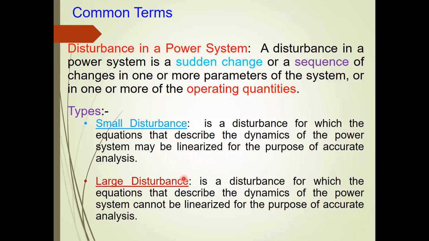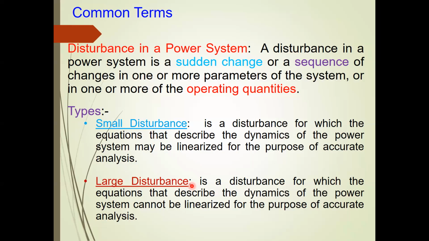But if you have a large disturbance, let's say your generation was 500 MVA and your load was 500 MVA, the initial steady state operating condition. But suddenly you have a load increase of 400 MVA, right? So now you want the total generation output to be 900 MVA.